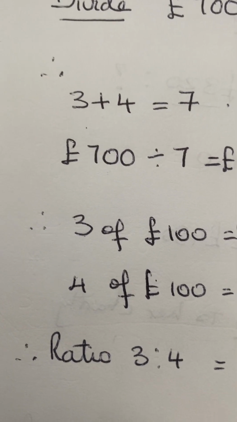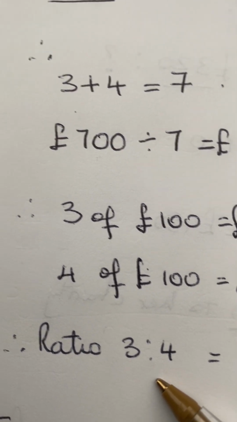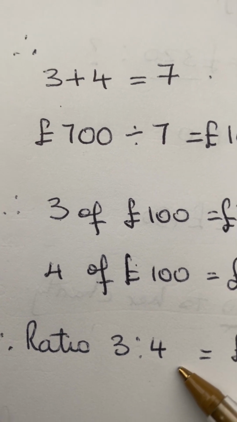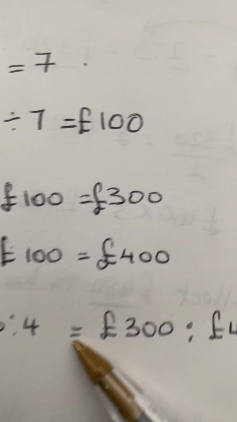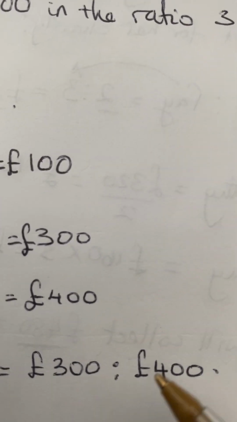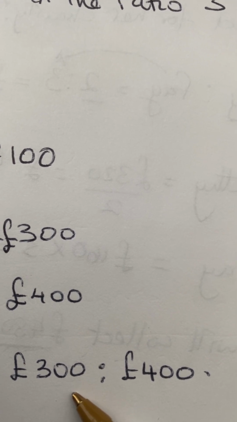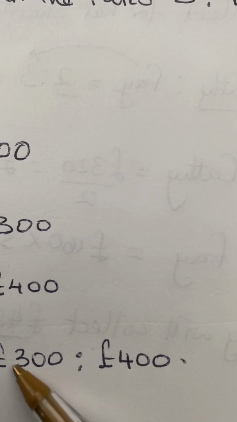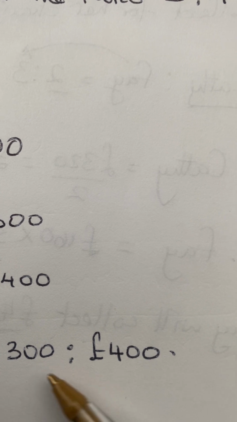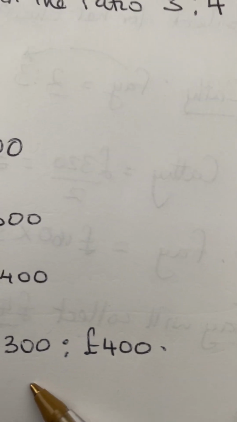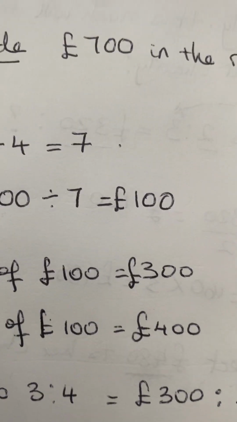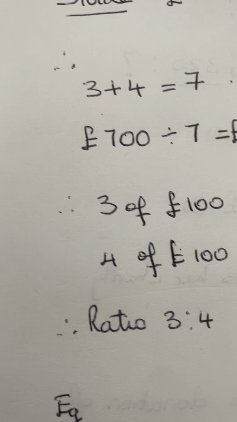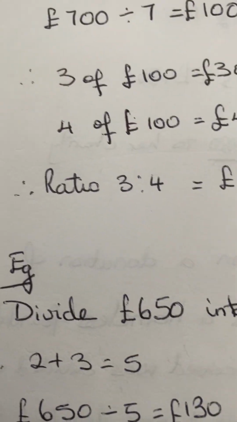So if you are going to divide 700 in a ratio 3:4, then you are going to end up dividing 700 into £300 is to £400. Okay, so that is the first one. Let's look at the second example.